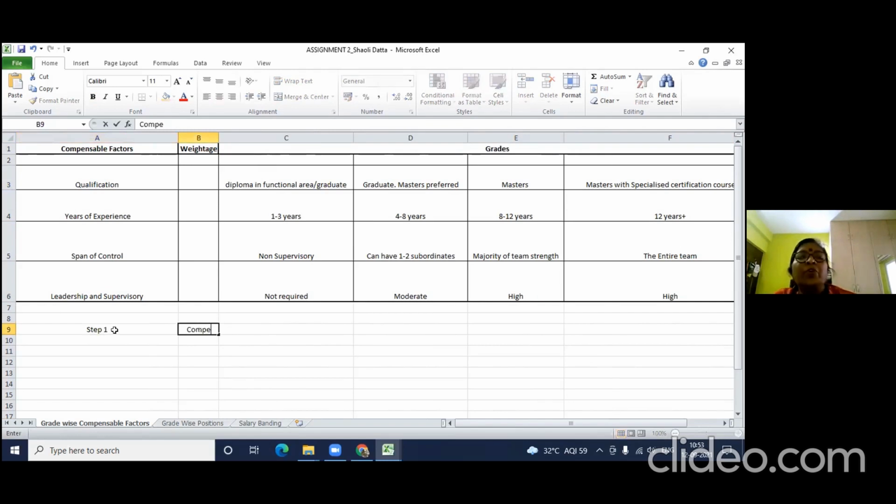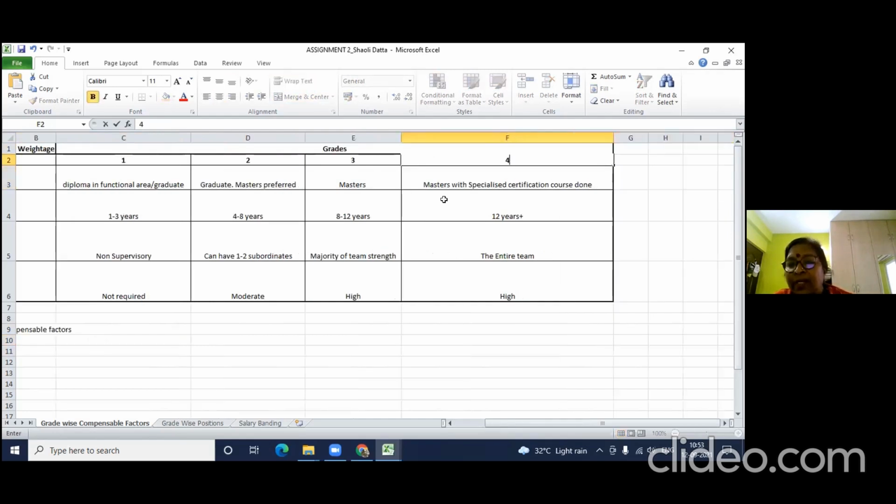Now, step 2, degrees of differentiation. So delete grades and write. You will have 4 degrees. So write degree 1, 2, 3, 4. You know what degrees are? Degrees means the level of intensity for every job required in the organization for that compensable factor.